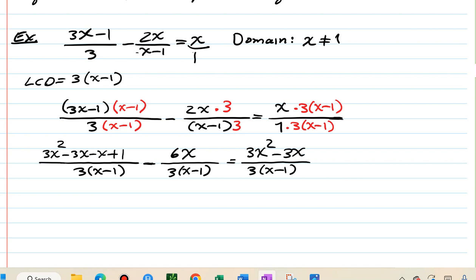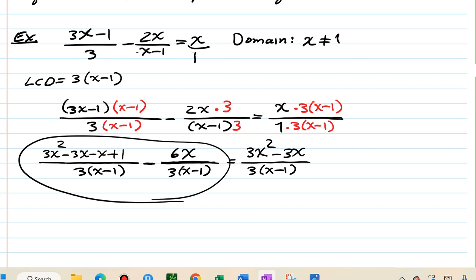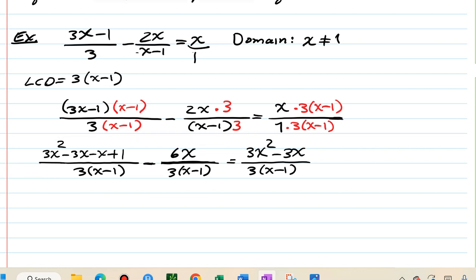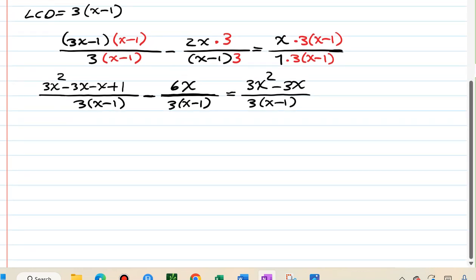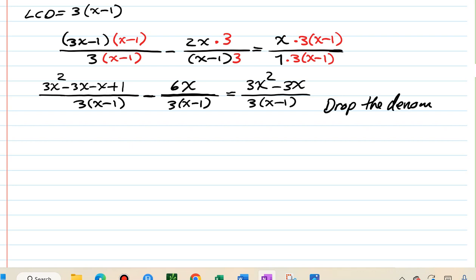Good. Now, because all denominators are the same, at this point we could combine these two fractions with a common denominator, and equate it to the expression on the right side. And because the denominators are the same, once all denominators look the same, you can simply drop the denominators.